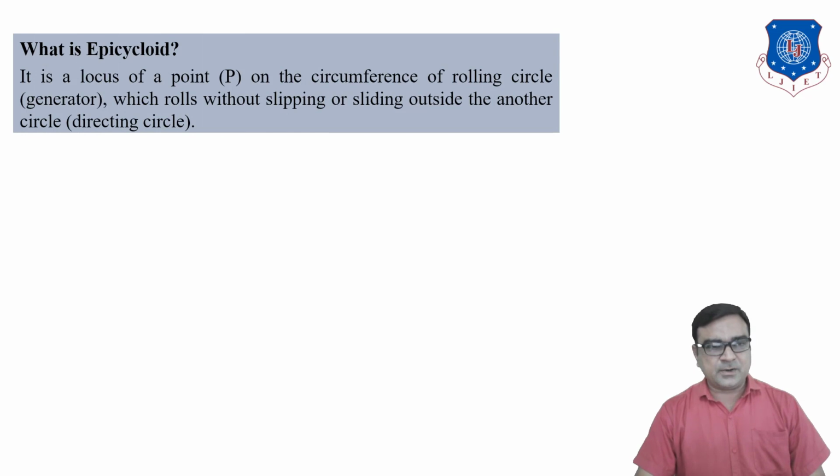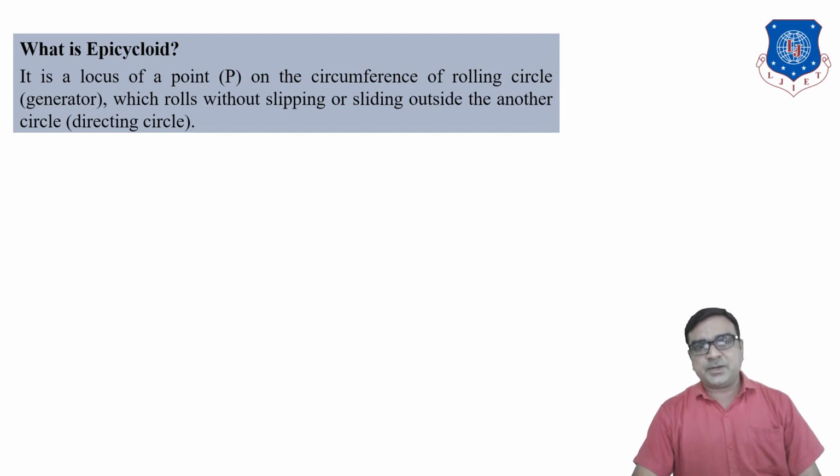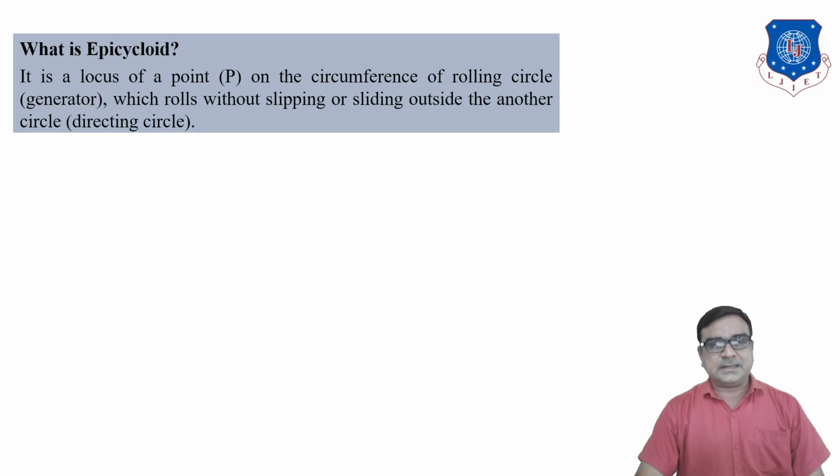What is an epicycloid curve? It is a locus of point P on the circumference of a rolling circle which rolls without slipping or sliding outside another circle, which is known as the directing circle. Now in a cycloid curve, our circle rolls on a straight path.